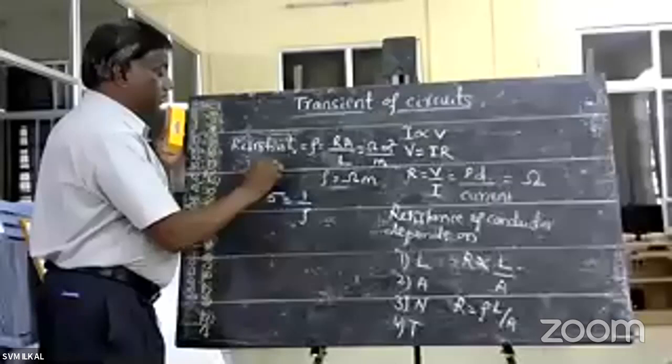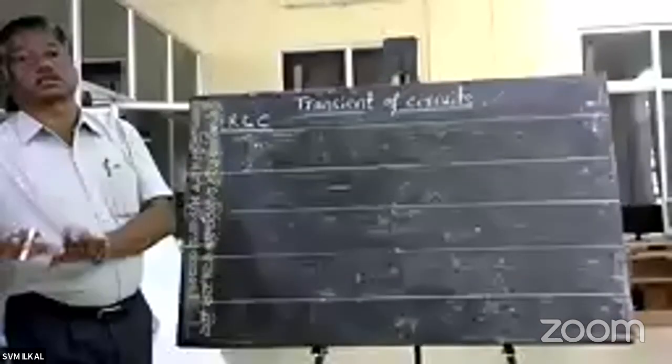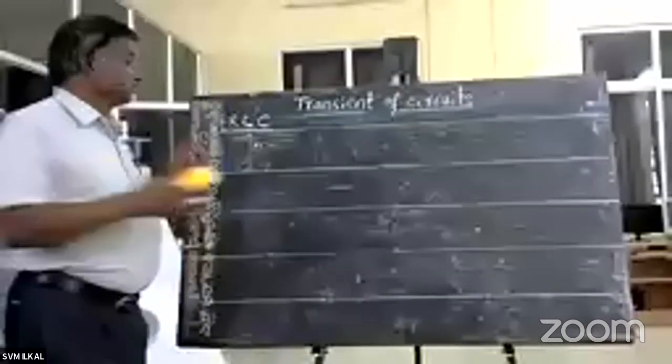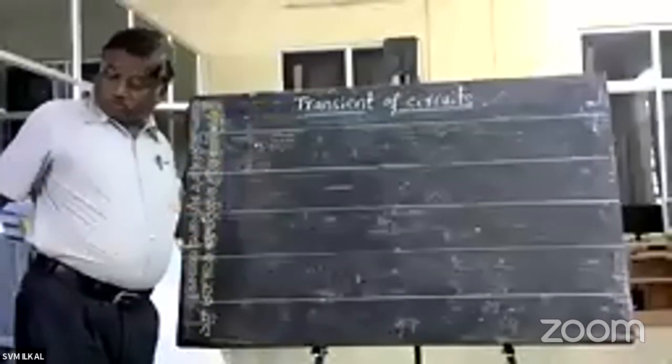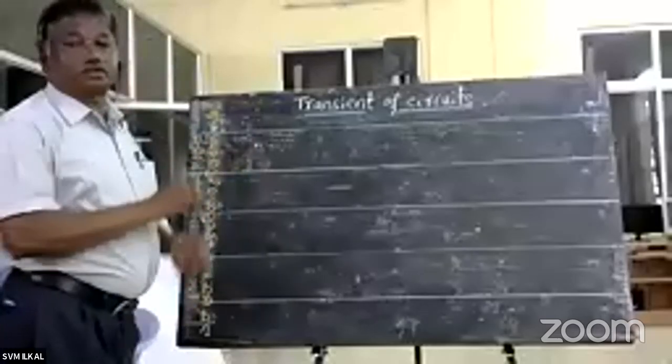That is R, L, C. R is the resistance, L is the induction coil, C is the capacitance or capacitor. Whatever electronic or electrical circuit, it must have certain components R, L, C. That's why these are called passive elements. Okay, now you know the definition of resistance.